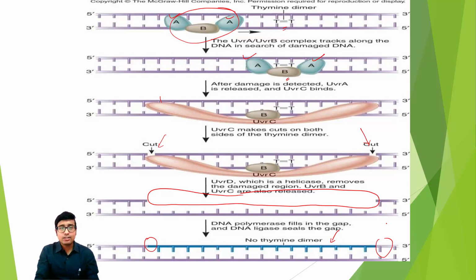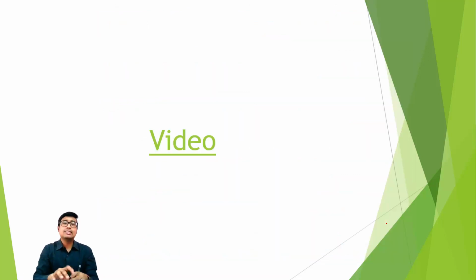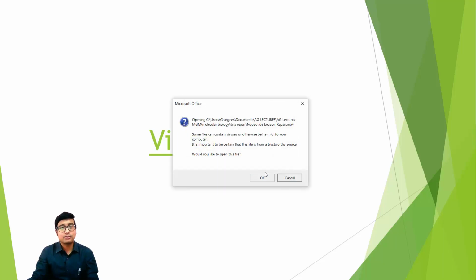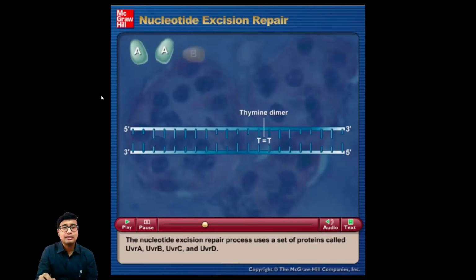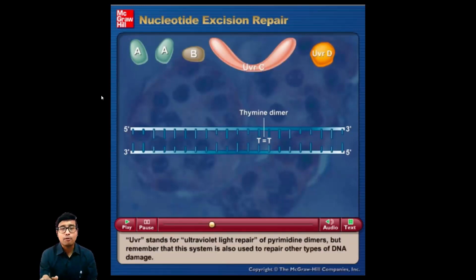If it's still not clear, let us look into the 3-dimensional video which will really clear the concept for you. This animation will illustrate the process of thymine dimer repair in E. coli. It's very easy to understand in prokaryotes, but this is present in eukaryotes also. This uses a set of proteins, UVRA to D, UV light repair proteins, and most of these proteins have different roles.